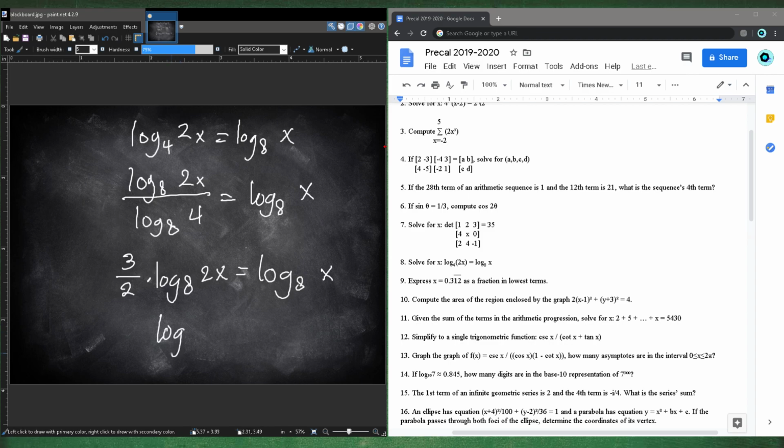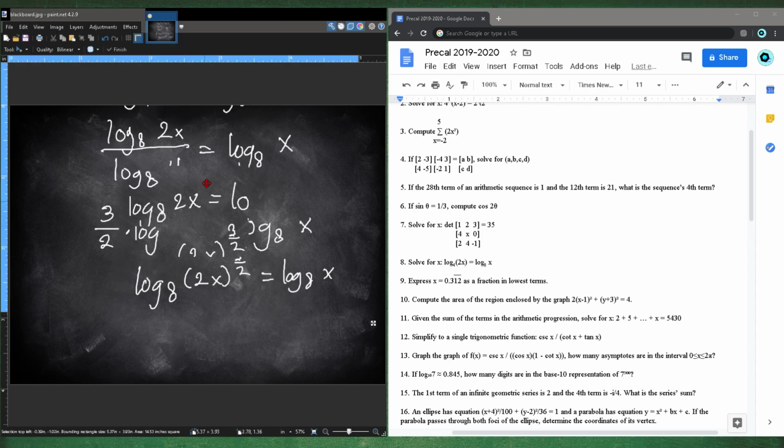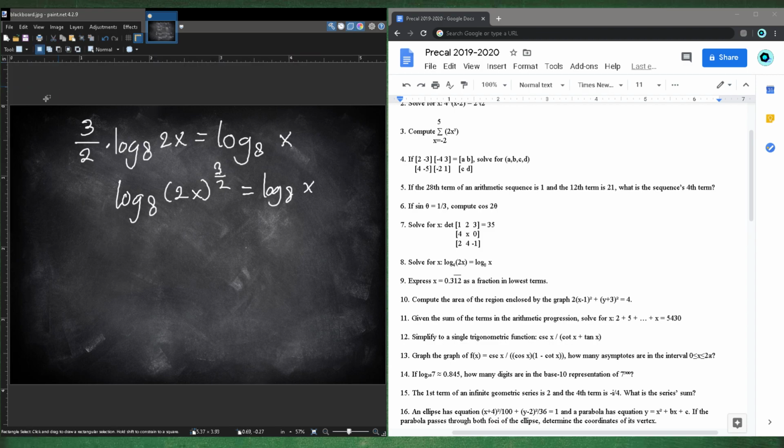So log 8 of (2x) to the power of 3 over 2 equals log 8 of x. So that tells us that (2x) to the power of 3 over 2 is equal to x, right?